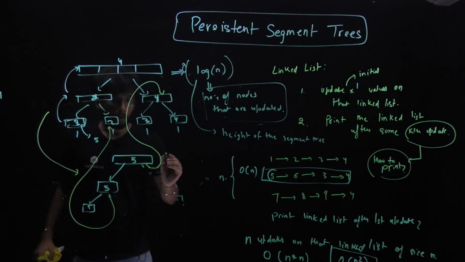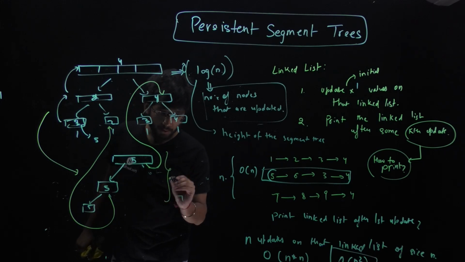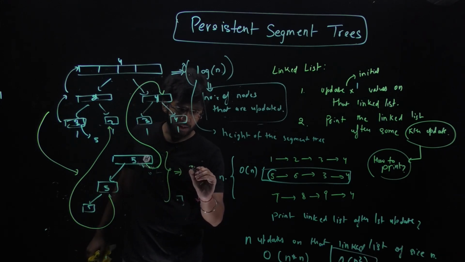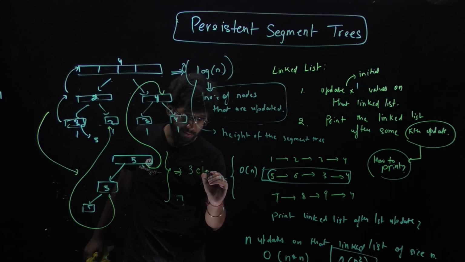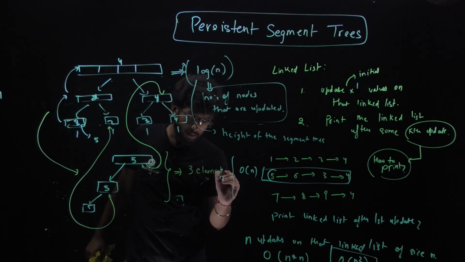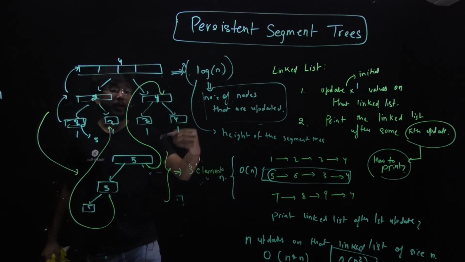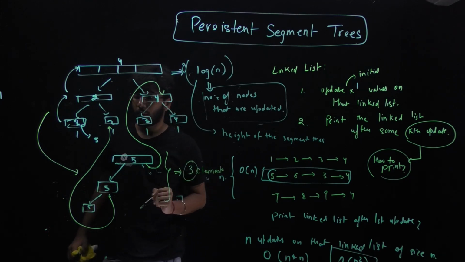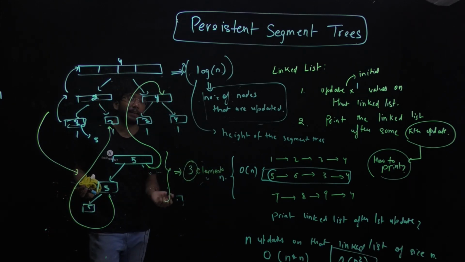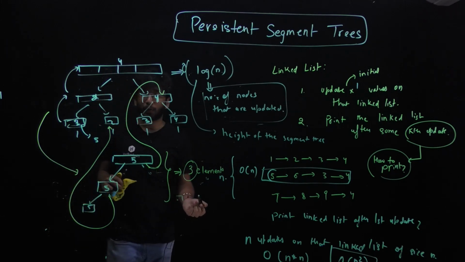So now we are just keeping 3 elements which are newly added. So this is how the persistent segment trees function.